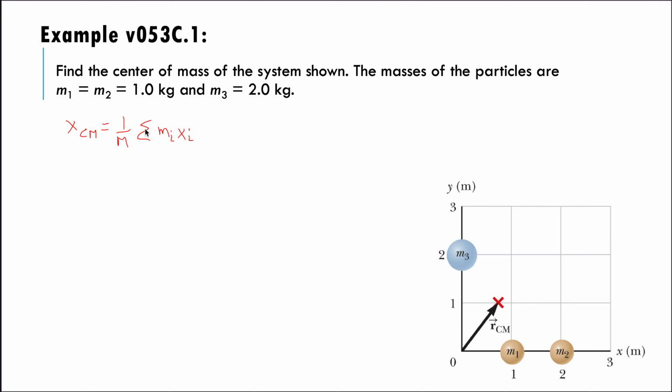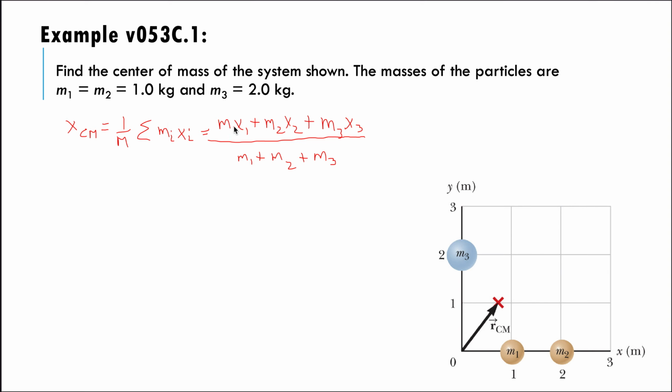We have 3 particles, so we just have to add this 3 times: M1 x1 plus M2 x2 plus M3 x3 all over the total mass, which is M1 plus M2 plus M3. So that's how we use this equation.